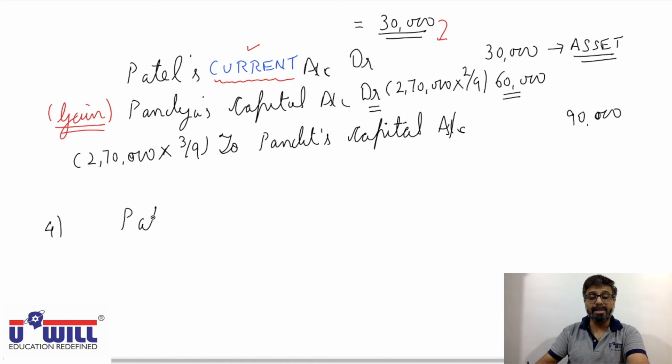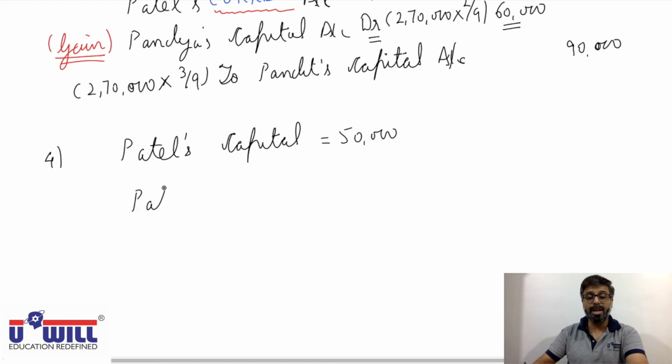What is Patel's capital which is to be taken as base? 50,000. What is Patel's share in the new profit and loss sharing ratio? 5:3:1 means 1 by 9.